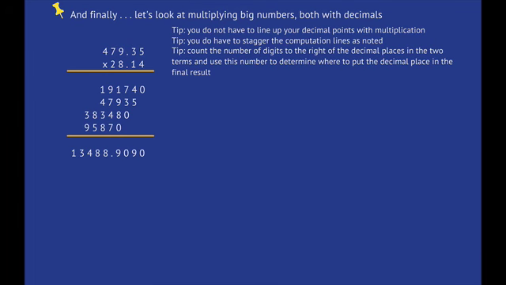In this case, 479.35 has two digits to the right of the decimal point, and 28.14 also has two digits. So 2 plus 2 equals 4. We can expect to put our decimal point 4 digits in from the right in the result. And if you look at 13488.9090, the decimal point is 4 digits from the right.